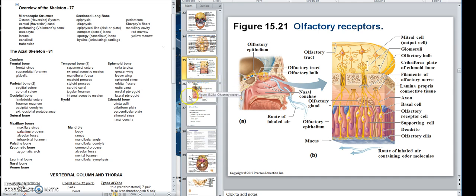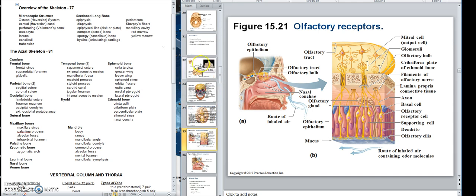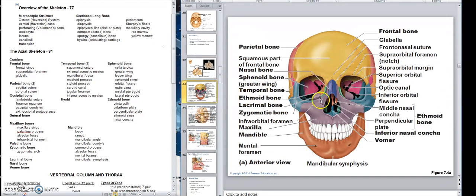Okay. The perpendicular plate of the ethmoid. This right here, this perpendicular plate of the ethmoid, forms the superior aspect of the bony nasal septum.